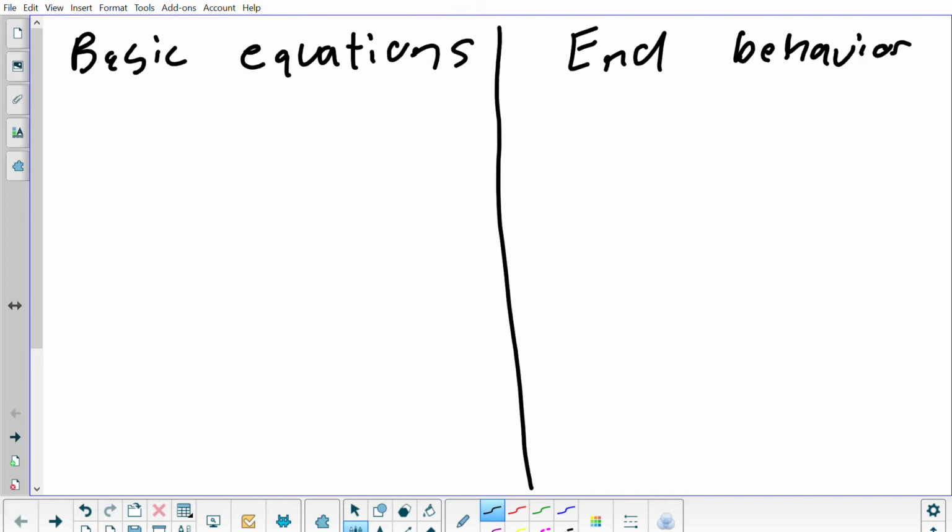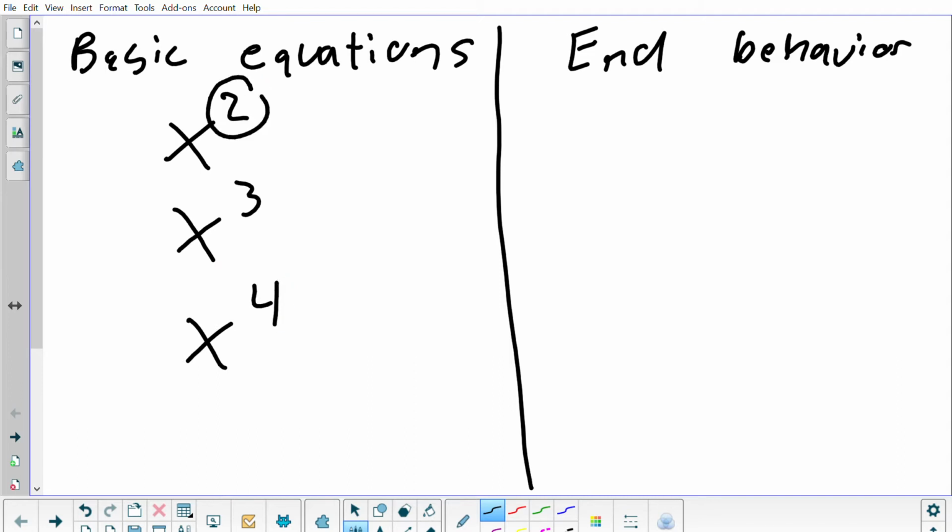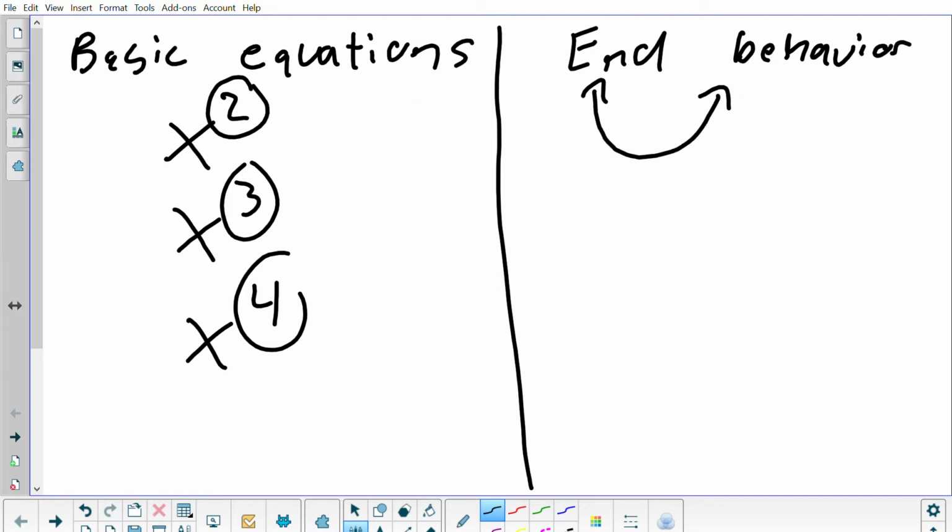So the first thing is our basic equations. Our basic equations are going to be x squared, x to the third, x to the fourth for today. If it is an even exponent, our arrows are going to go in the same direction.